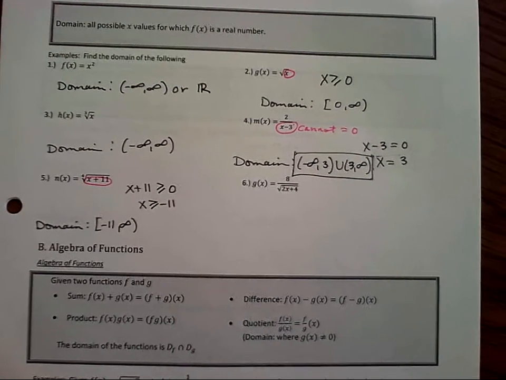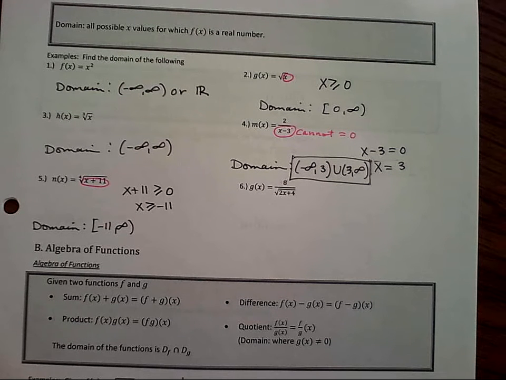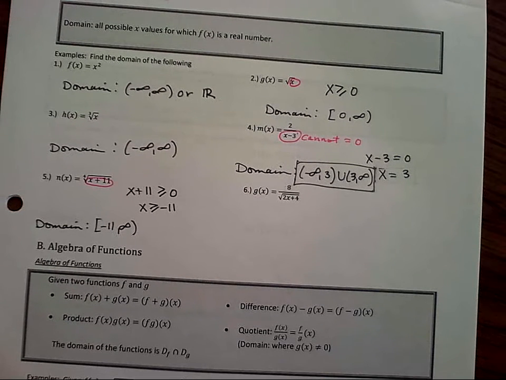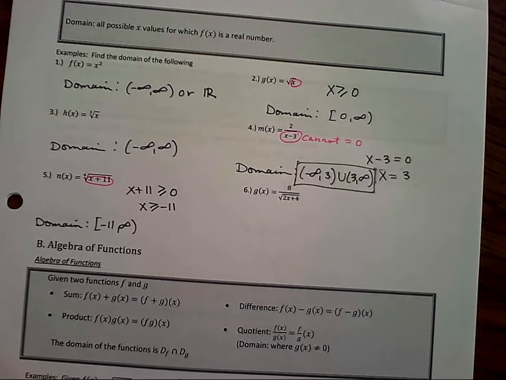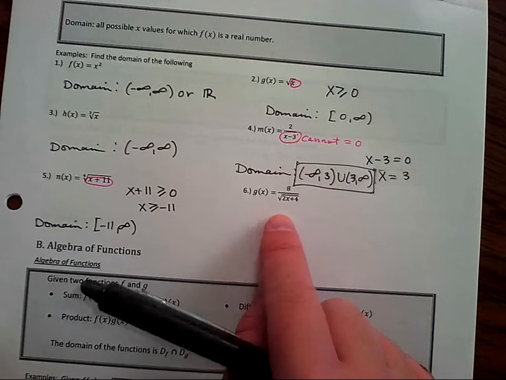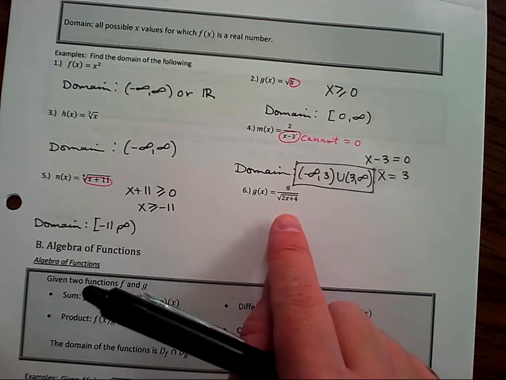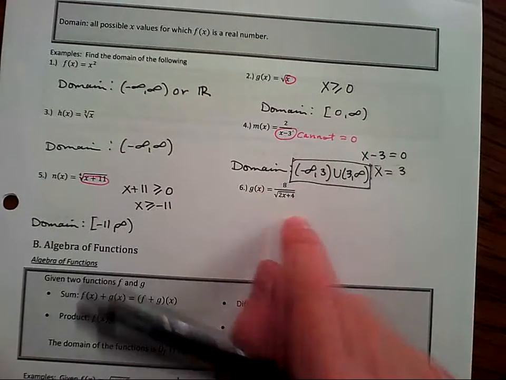All right, number 6. g of x equals 8 over the square root of 2x plus 4. What do you guys think? So what do you know about fractions again? The denominator cannot equal 0. And what do you know about square roots? Square roots have to be greater than or equal to 0.